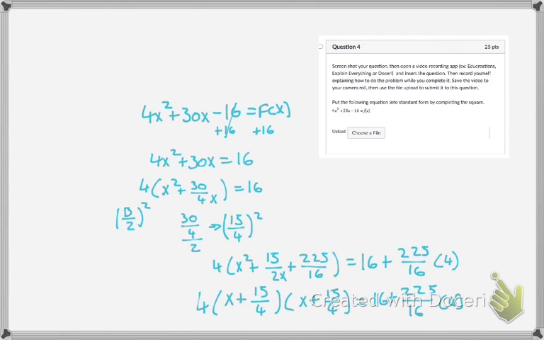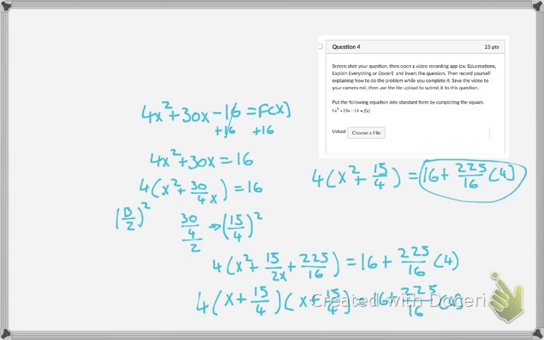Okay, so we're going to write it as 4 times (x plus 15 over 4) squared equals 16 plus 225 over 16 times 4. So now let's solve the right side. I'm going over here to the left because I don't have enough room.